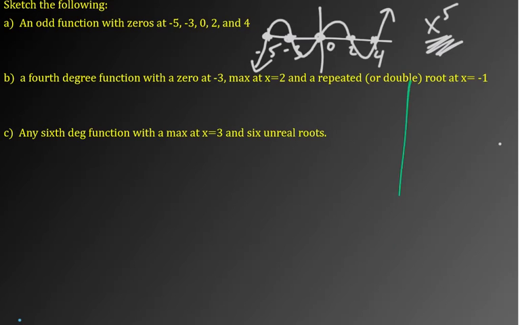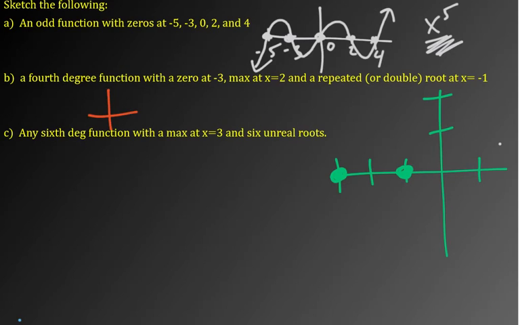I'll space this out a little more. Okay, there we go. So if you remember back to quadratics, you're going to hear me say that a lot. When we had repeated roots with quadratics, those were things like, you could have just something like this. That graph could be x minus 2 quantity squared.